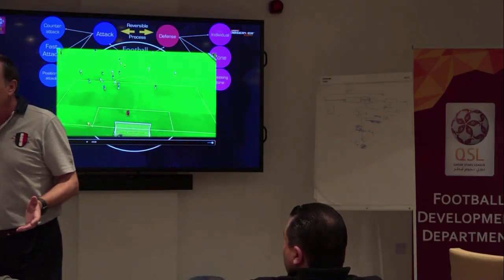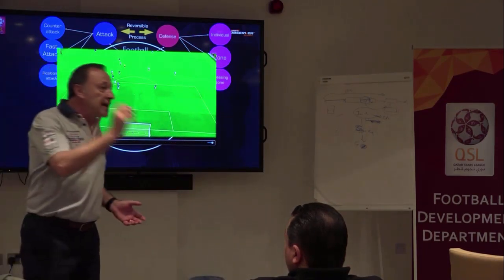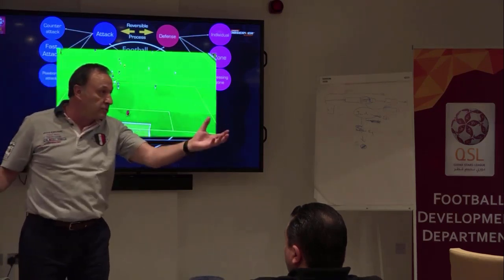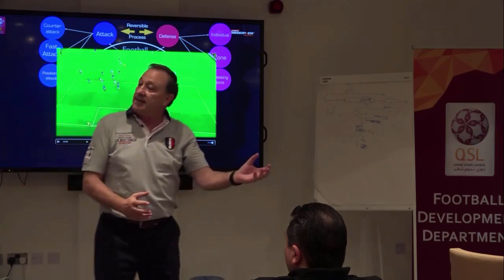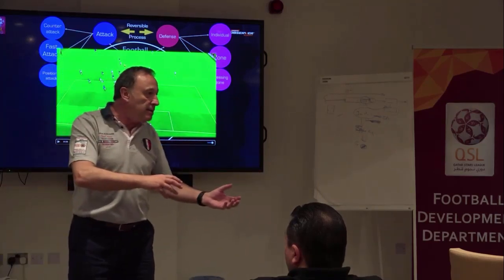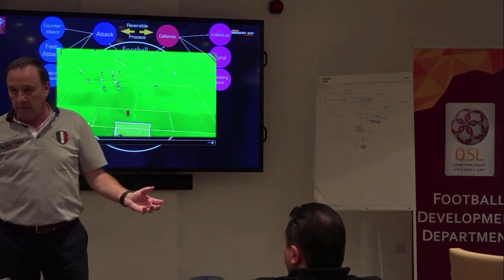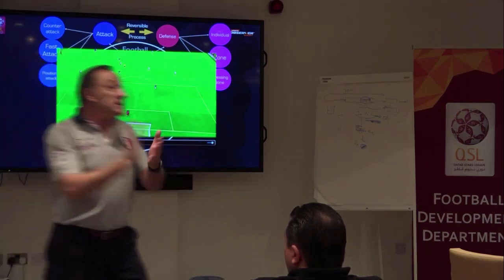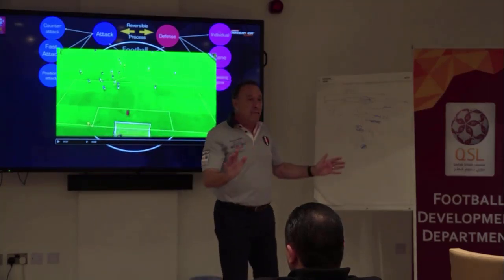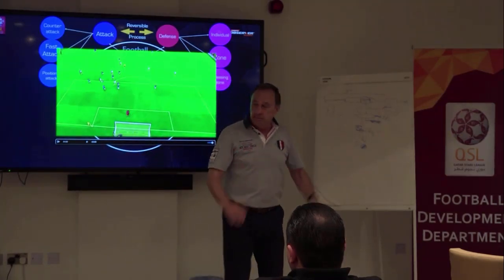Secondly, the guys on the other side of the ball position, they get inside or they are open. They need to be inside or they don't need to be inside. Okay? Is the team compact? The different lines are compact or not compact.